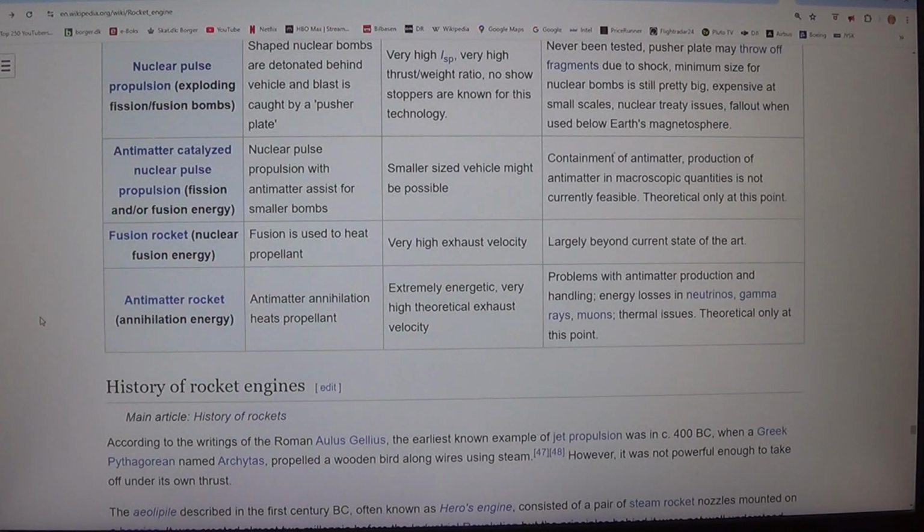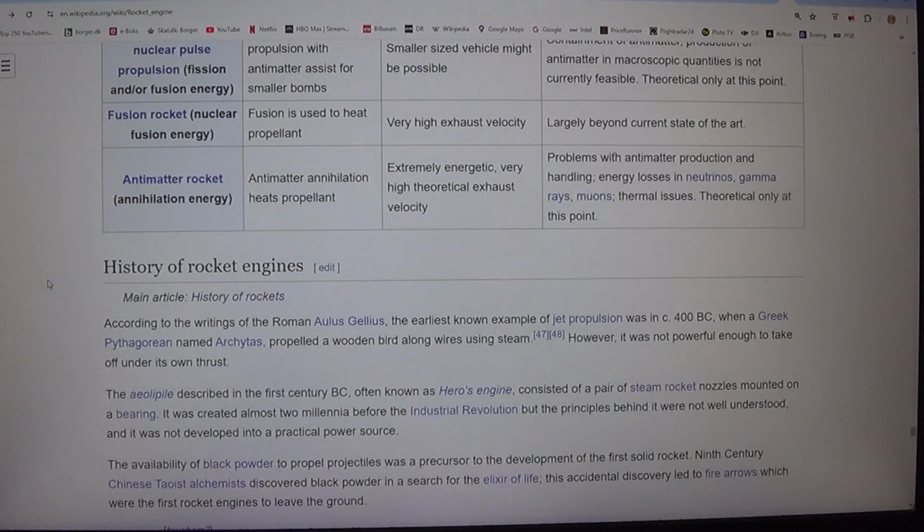Antimatter catalyzed nuclear pulse propulsion. Fission and / or fusion energy. Nuclear pulse propulsion with antimatter assist for smaller bombs. Smaller sized vehicle might be possible. Containment of antimatter. Production of antimatter in macroscopic quantities is not currently feasible. Theoretical only at this point. Fusion rocket, nuclear fusion energy.